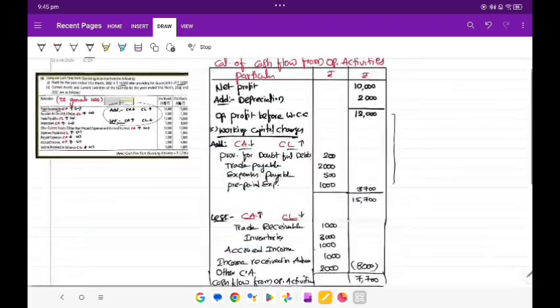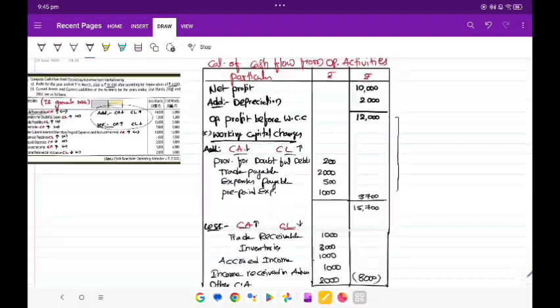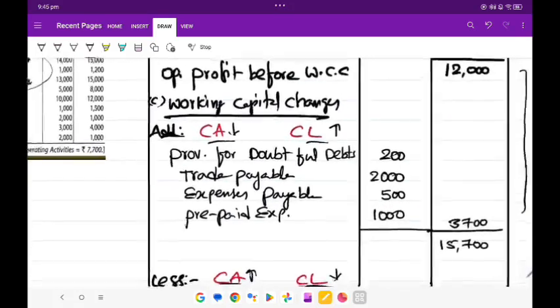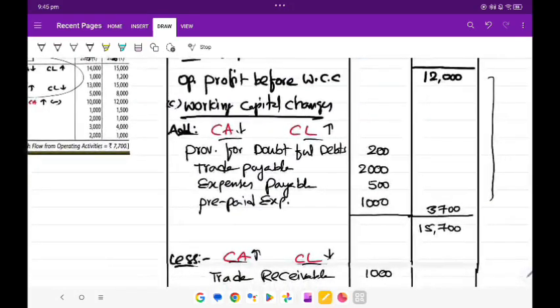Here is the answer. You can cross-check, children. Net profit 10,000, add depreciation 2,000, operating profit before working capital changes 12,000. WCC means working capital changes. First we add current assets decrease and current liability increase: provision for doubtful debts 200, trade payables 2,000, expenses payable 500, prepaid expenses 1,000, total 3,700.